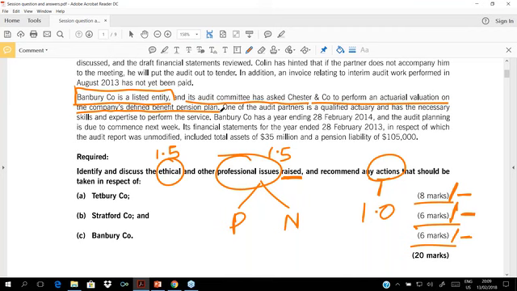One of the partners is a qualified actuary and has the necessary skills to perform the service. Is that a plus point? Will I tell the examiner that the partner is competent, so the quality of the service will be enhanced when the service is offered?